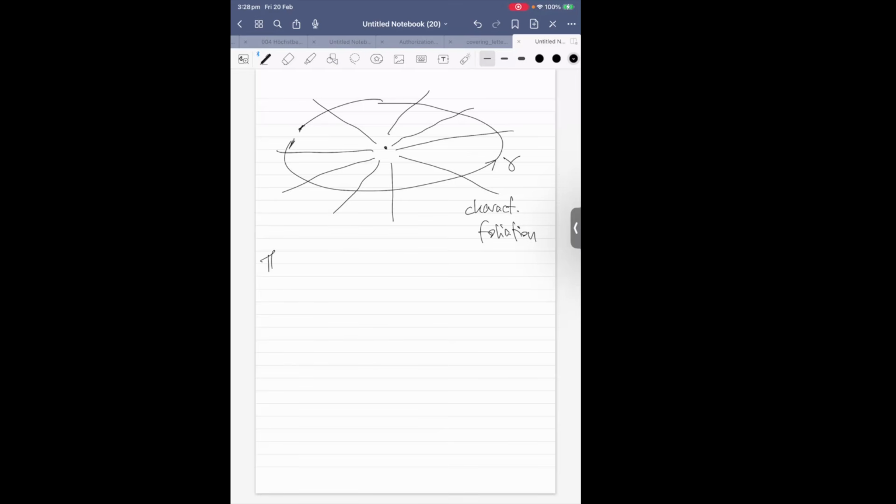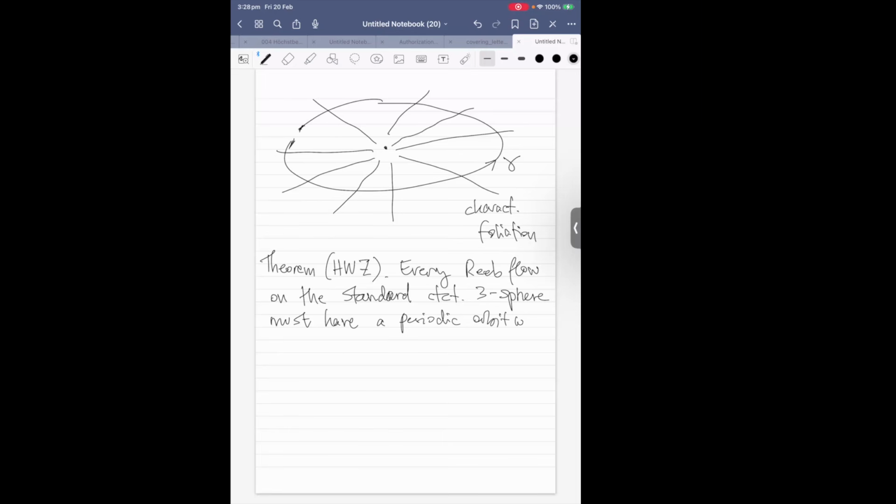And there is a very nice theorem. I like this theorem very much, due to Hopf, Vysotsky, and Zander, stating that every Hopf flow on the standard contact 3 sphere must have a periodic orbit which is a Hopf fiber.